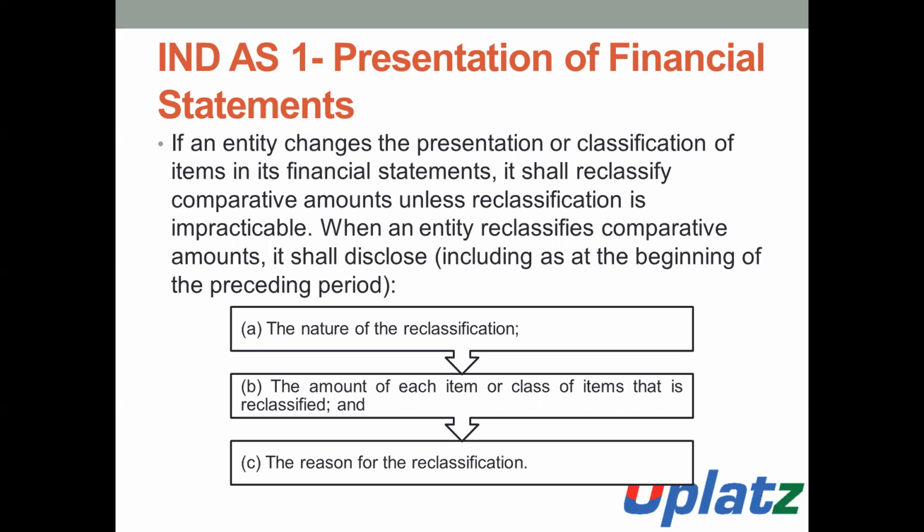When the entity reclassifies comparative amounts, it shall disclose number one, the nature of such reclassification, the amount of each item or class of items that are reclassified, and the reason for reclassification. That is, in the case of reclassification, the entity shall disclose the nature of reclassification, the amount of items which are reclassified, and the reason for reclassification.